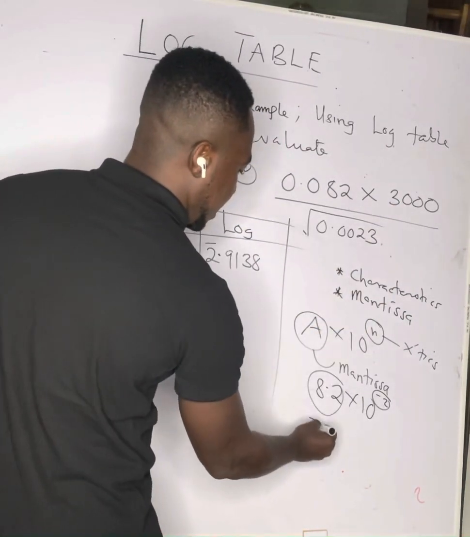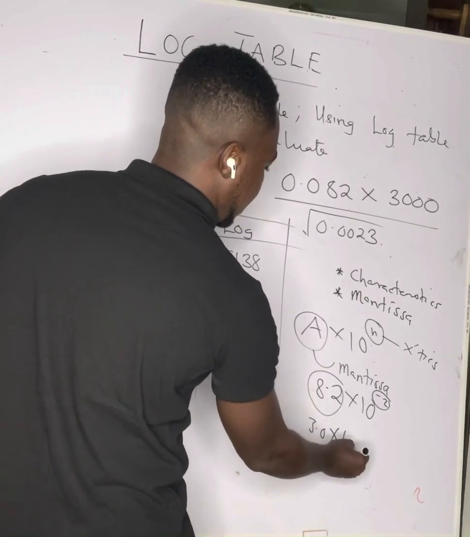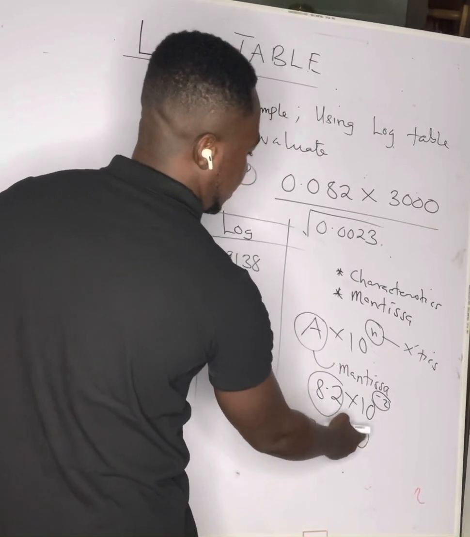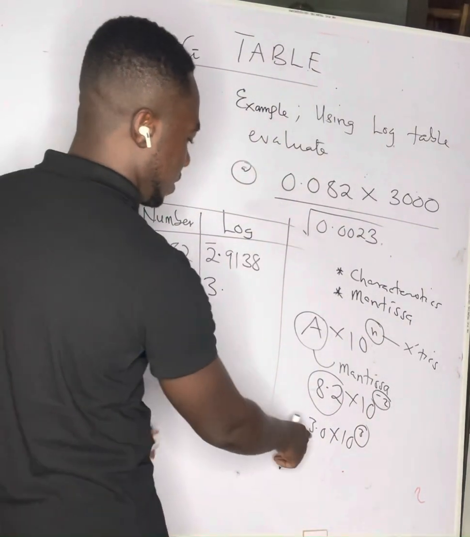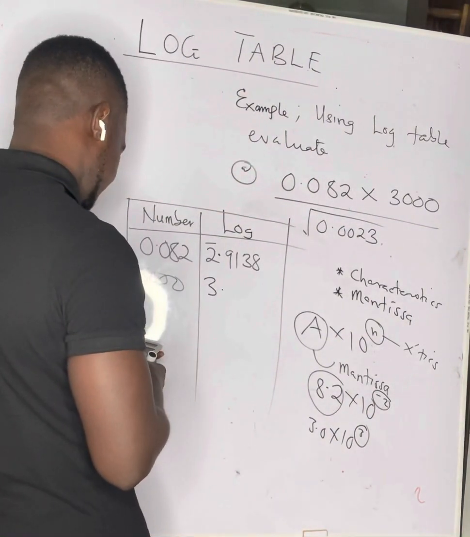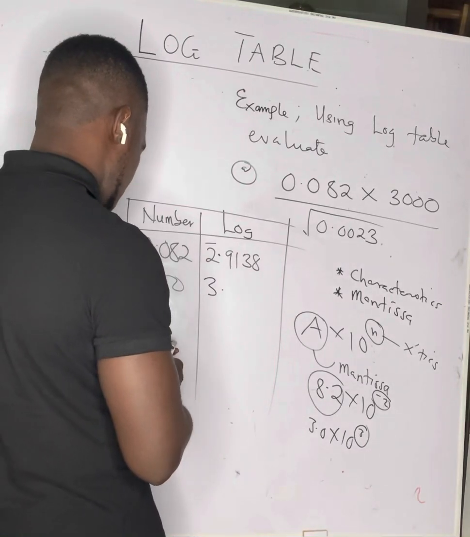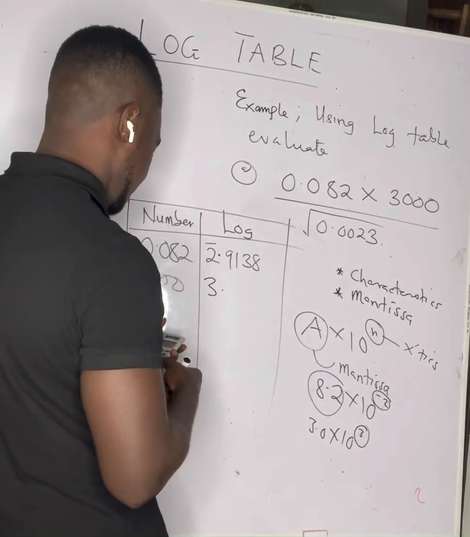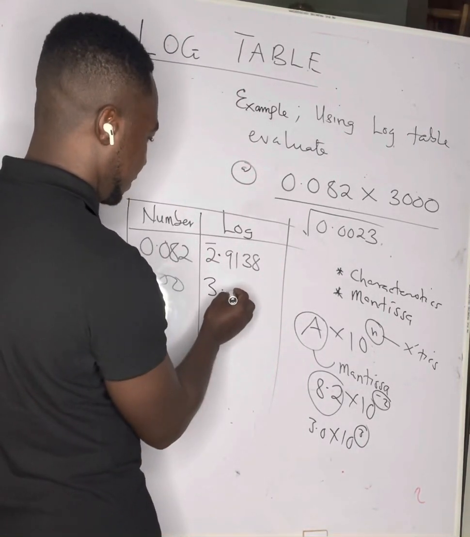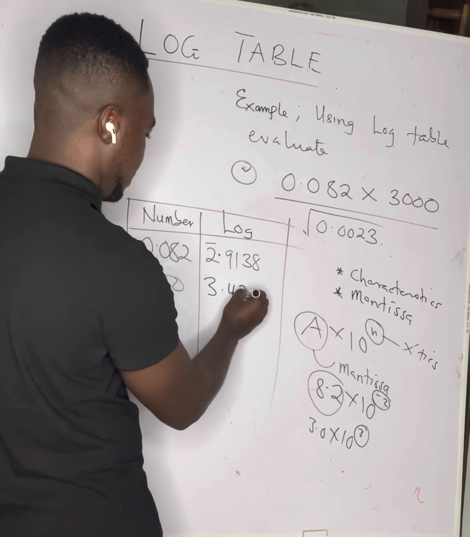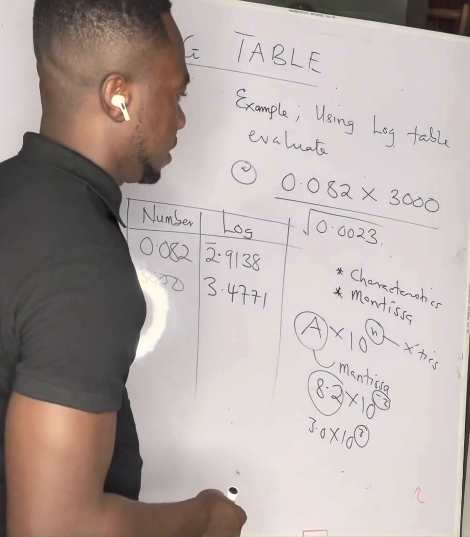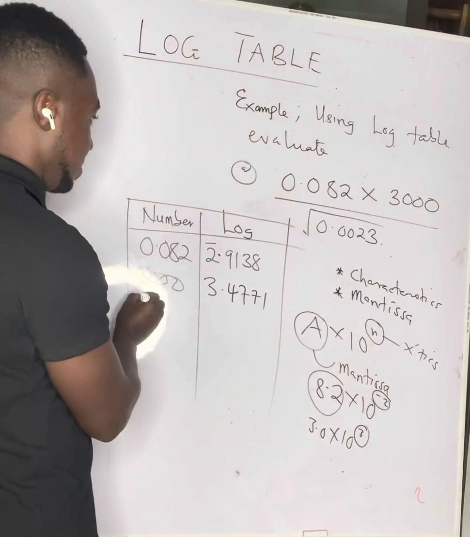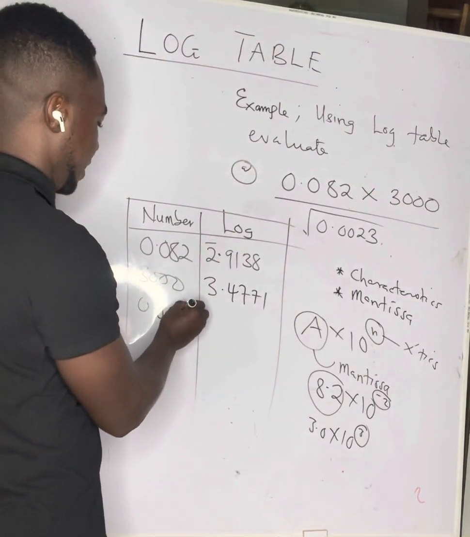So it will be 3.0 times 10 to the power 3. So 3 becomes your characteristic. So 3, then log of 3. Log of 3 will give us 0.4771.